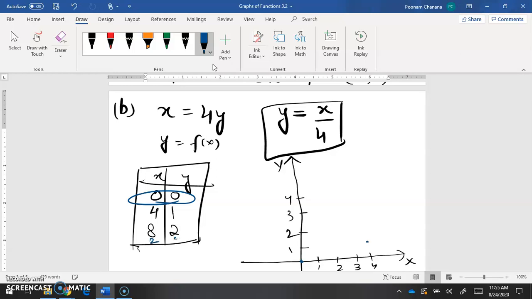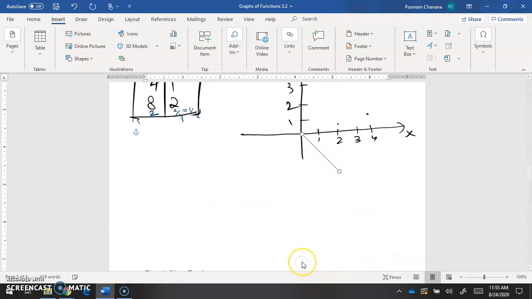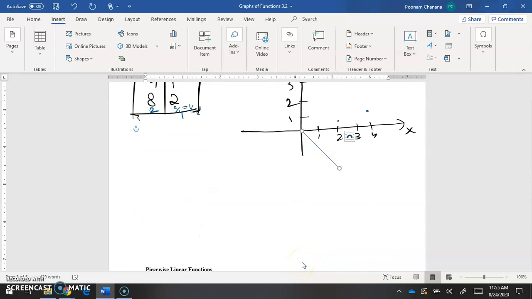Y will be 2 by 4, that will be half, somewhere here. So if you keep on doing that, you can draw a straight line. See if I can draw the straight line here. It's passing through this point. Okay, so this is our graph of the line, right?